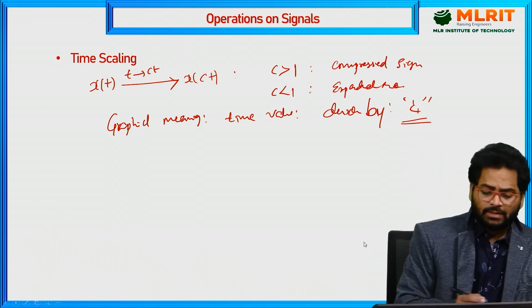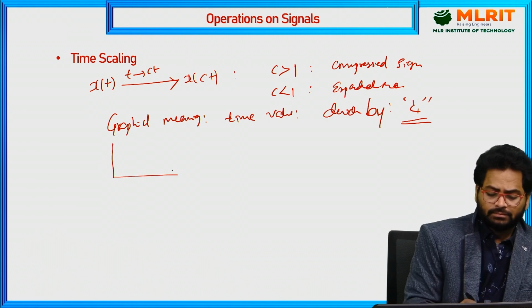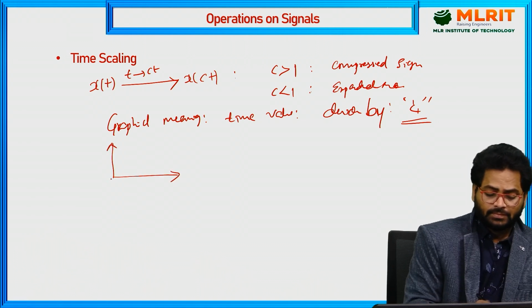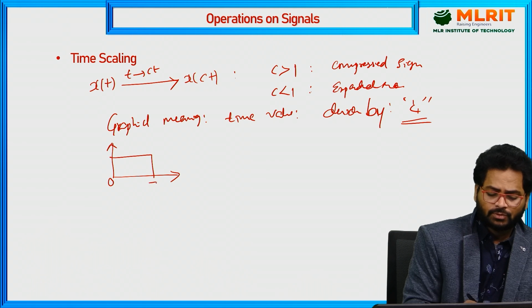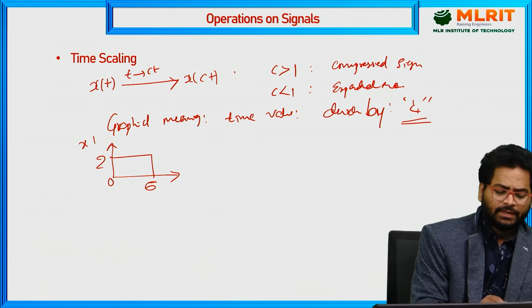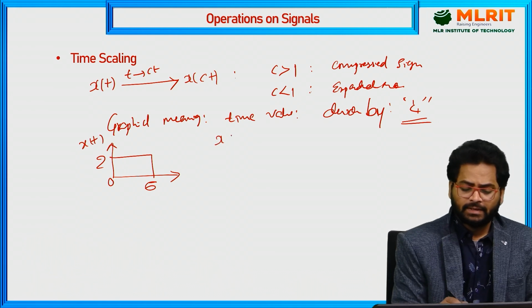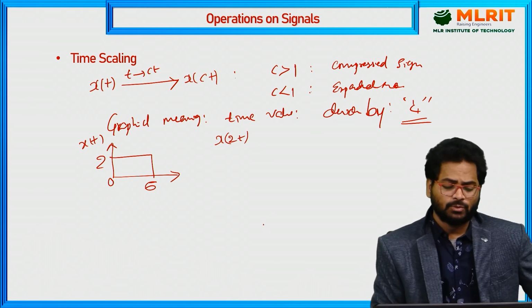Now look here. I am taking one signal, the same rectangular function, from 0 to 6, let us take, and amplitude is 2, and this is the x of t signal. Now I want to draw x of 2t. This is the first case, that means c is equal to 2.